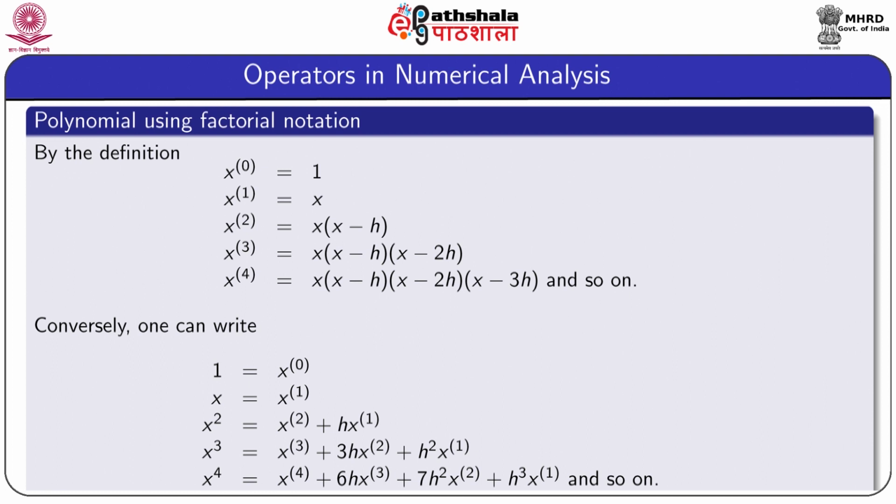Conversely, we can write 1 equal to x factorial power 0, x equal to x factorial power 1, x square equal to x factorial power 2 plus h into x factorial power 1, x cube equal to x factorial 3 plus 3h x factorial power 2 plus h square x factorial power 1, and so on. That means, any polynomial can be expressed in terms of factorial power notation, and note that the degree of the polynomial remains unchanged under this transformation.